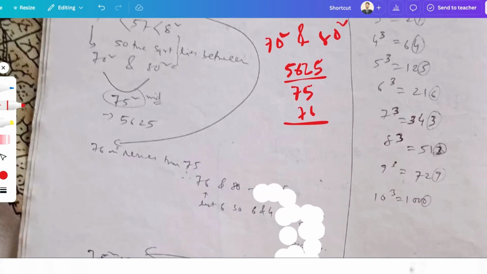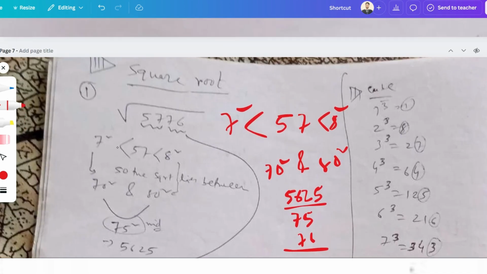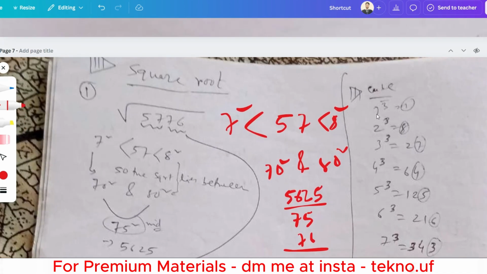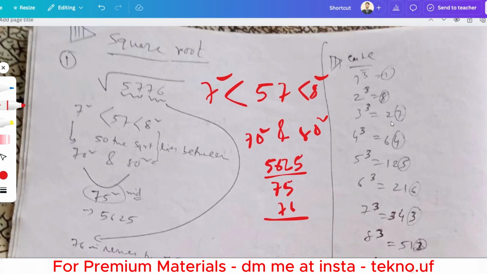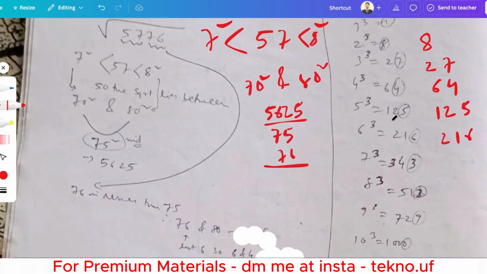Okay, so let me go to the cubes. Here I will not tell any shortcut tricks. Just remember: 1 cube is 1, 2 cube is 8, 3 cube is 27. 4 cube is 64, 5 cube is 125, 6 cube is 216, 7 cube is 343.